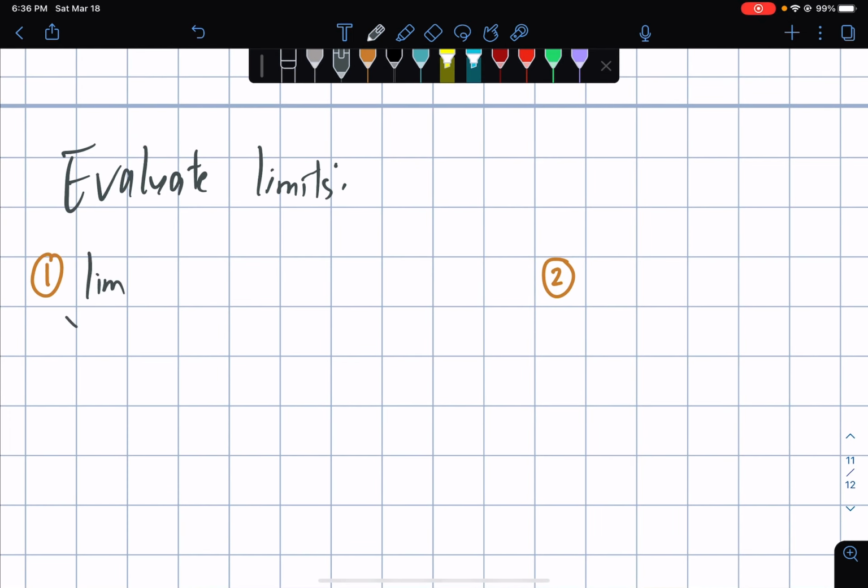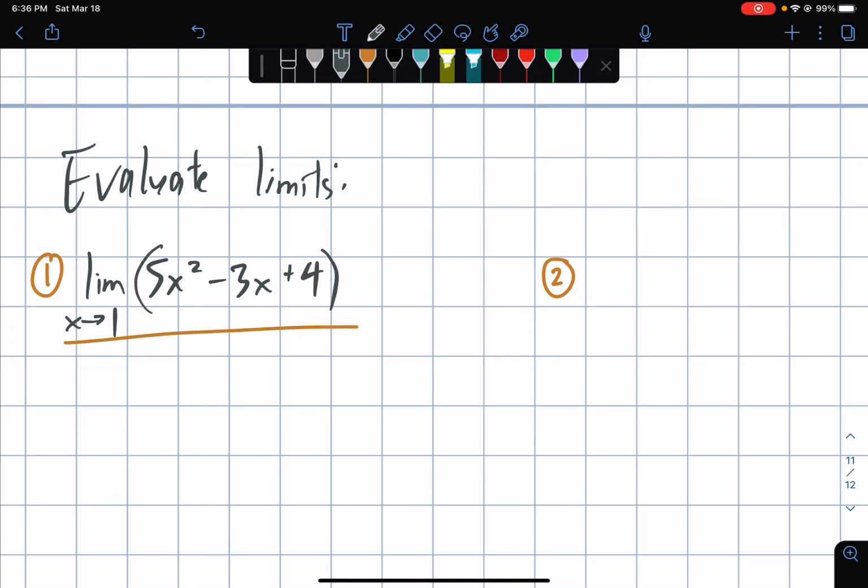So the limit of 5x raised to 2 minus 3x plus 4, I guess this is direct substitution.